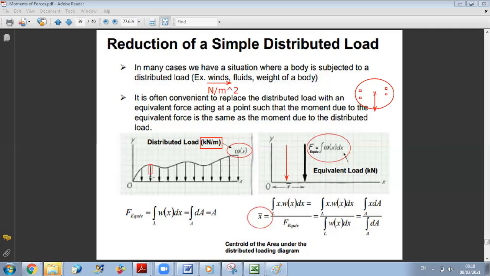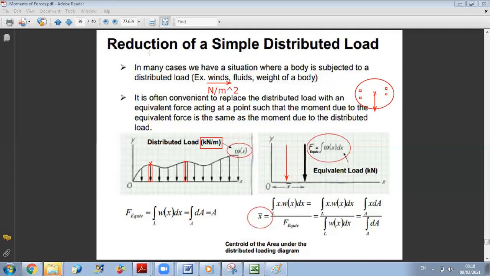Okay? For each part, I can calculate the elementary force. How I can calculate the elementary force for each part? For each part, if I know the length, so since I will take a very small length since omega is variable. So for example, here at this point, I can read the value of omega x.